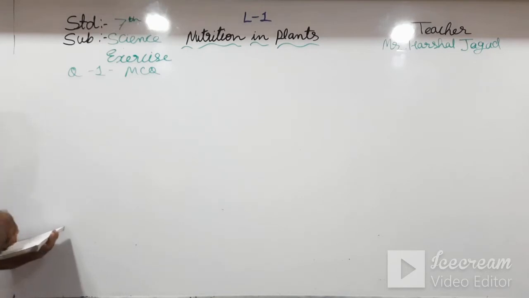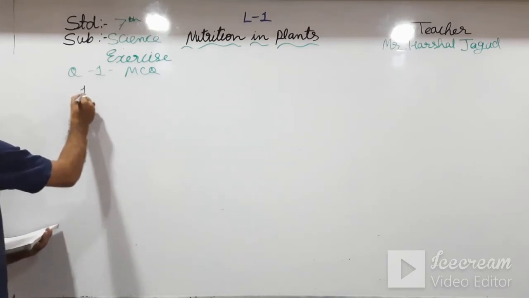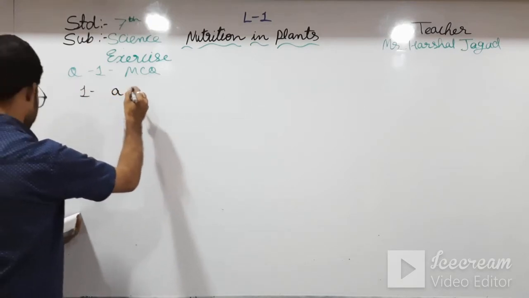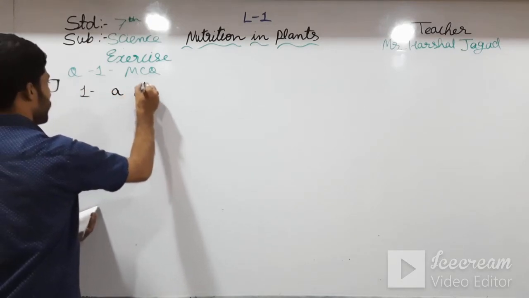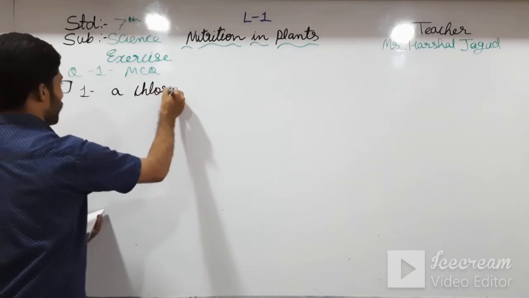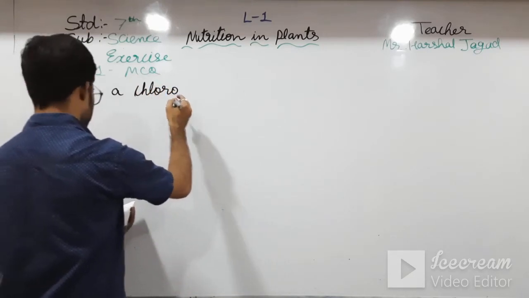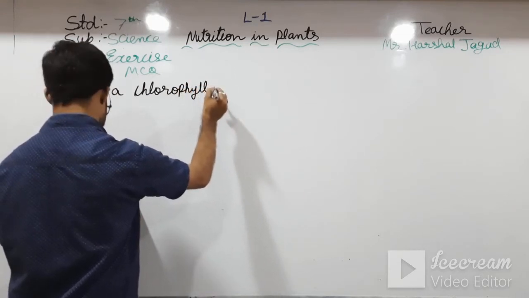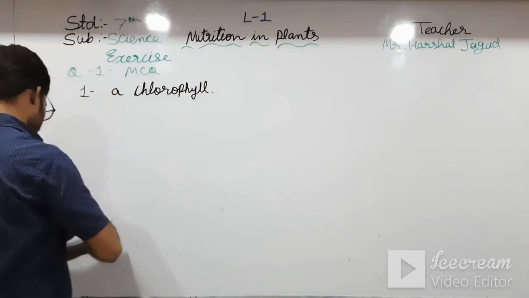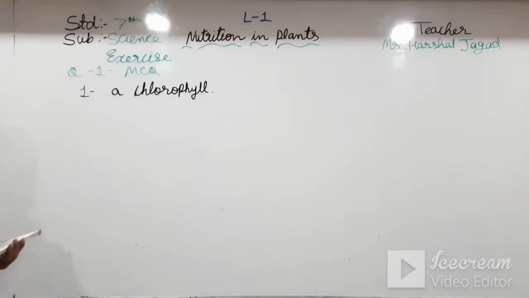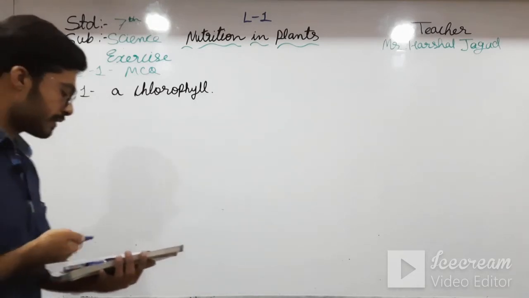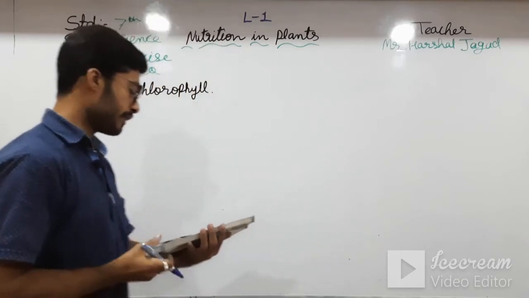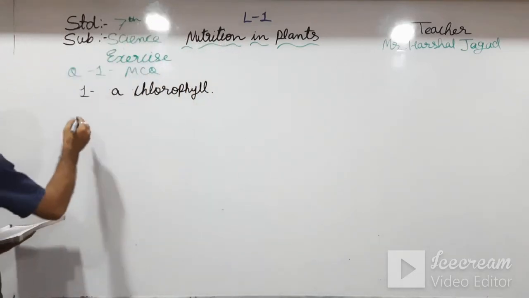I am writing over here first, that is A. Second, in what form is carbohydrate stored in the plant body? Okay students, it is stored as starch.